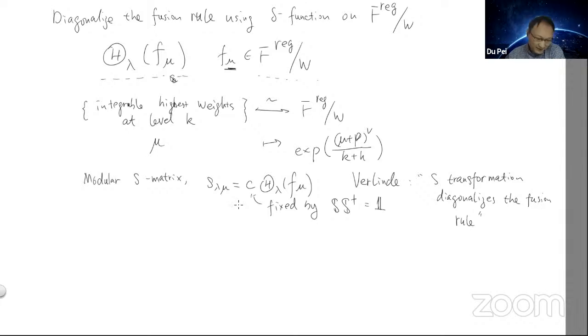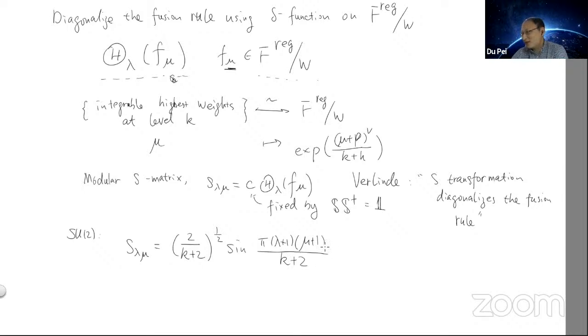So in particular, for SU2, the S matrix would take the following form: 2 over k plus 2 to the 1/2 power, times sine of pi times lambda plus 1 times nu plus 1 over k plus 2.